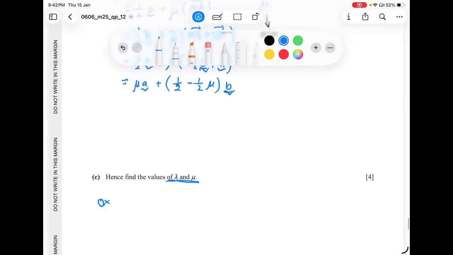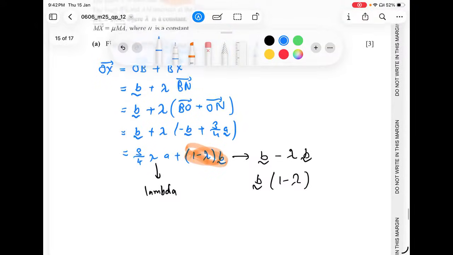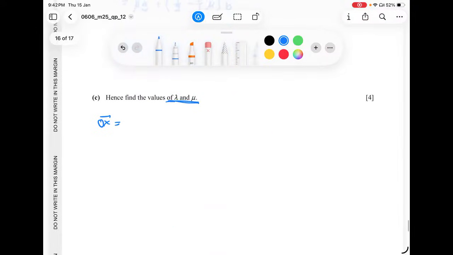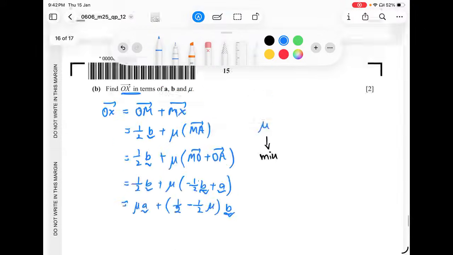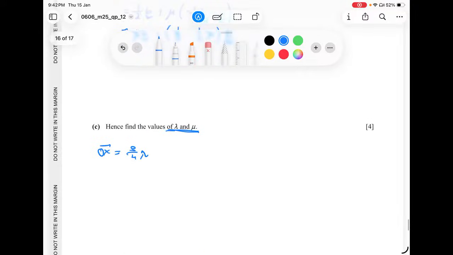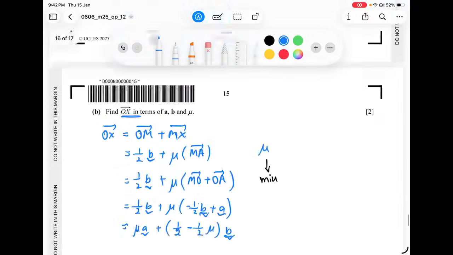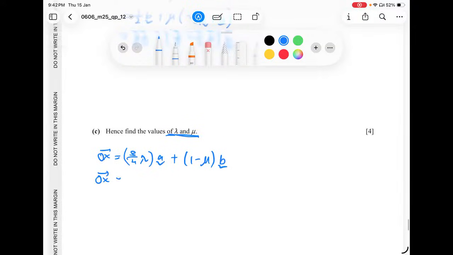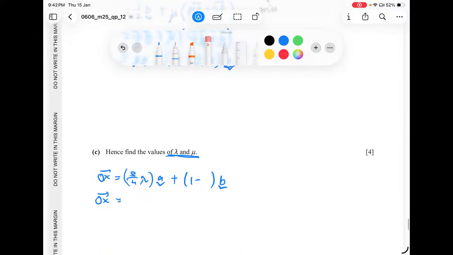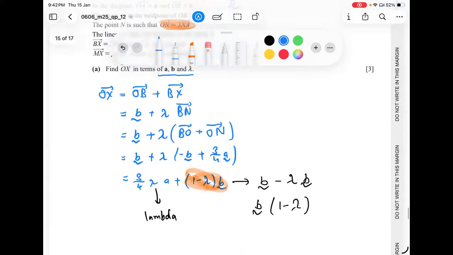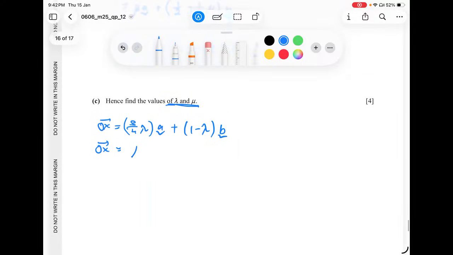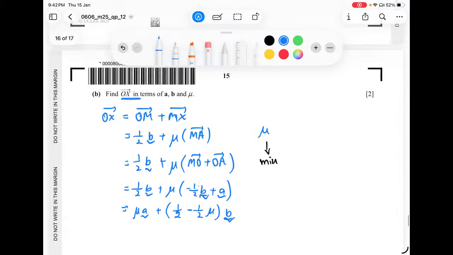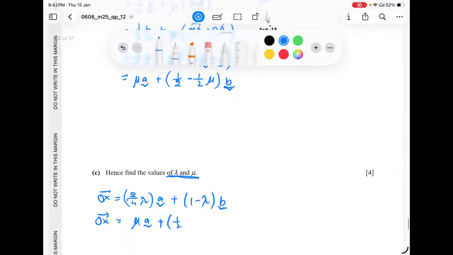So you can just write OX is going to be 3 by 4 lambda A plus 1 minus lambda B. OX is also equal to mu A plus half minus a half mu B.